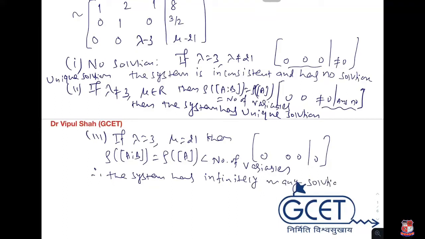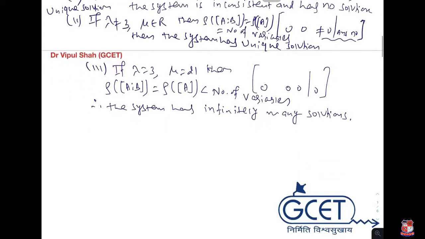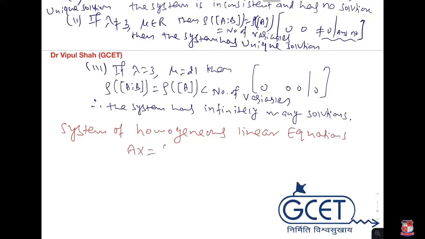Okay. Now we begin the concept of system of homogeneous linear equations. Okay, so in homogeneous linear equations we are having the system like this, Ax equal to 0.